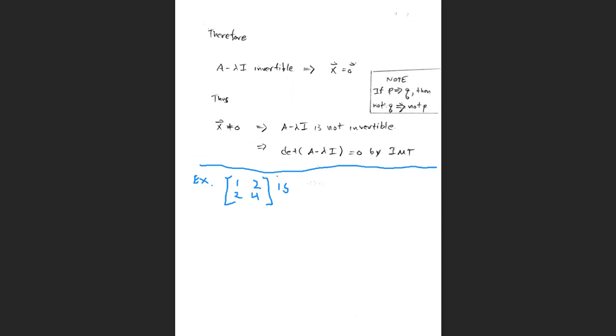Okay, so that matrix is not invertible. How do we know that so quickly? Well, what can you say about the columns of this matrix, the vectors 1, 2 and 2, 4? They're linearly dependent, absolutely.